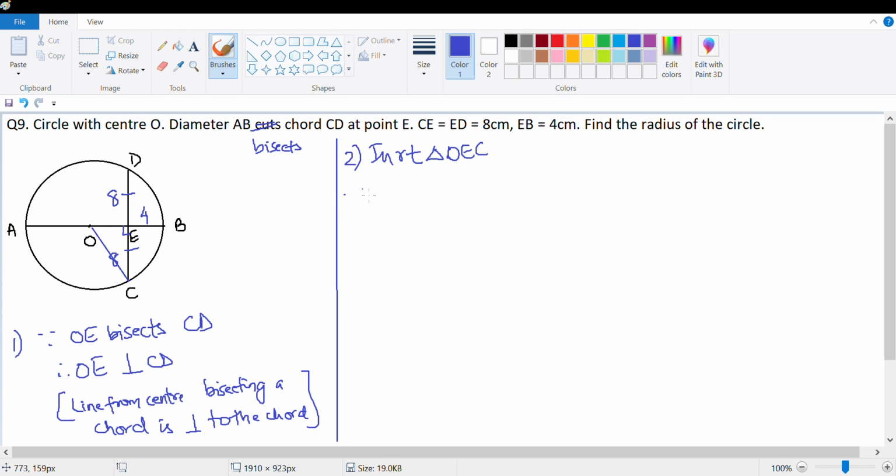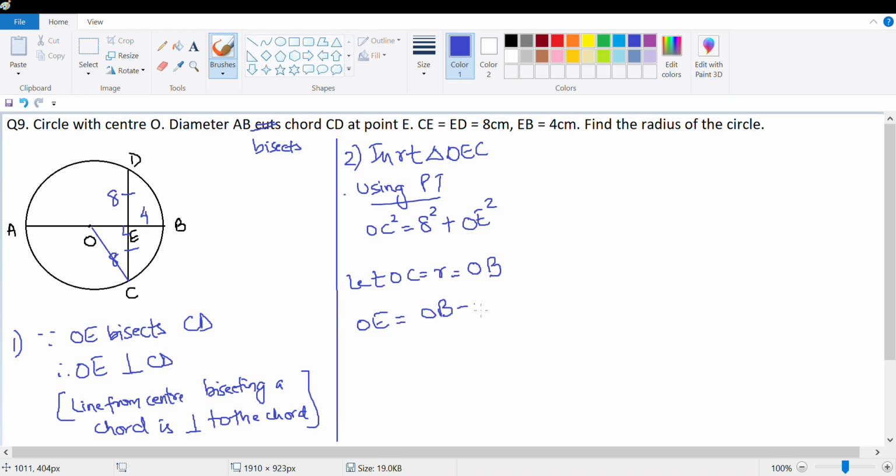What I get is, using Pythagoras theorem, OC square, which is my radius, is equal to CE square, which is 8 square, plus OE square. I don't know OE yet. So let OC be equal to R, which will also be equal to OB, which means OE will be equal to OB minus EB.